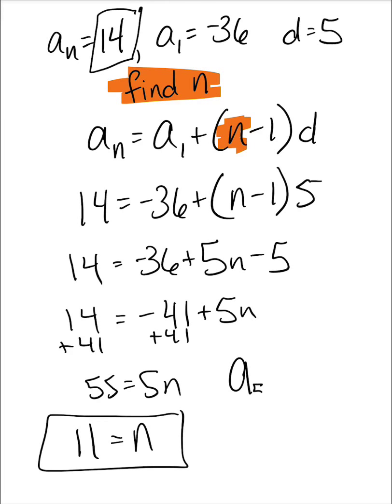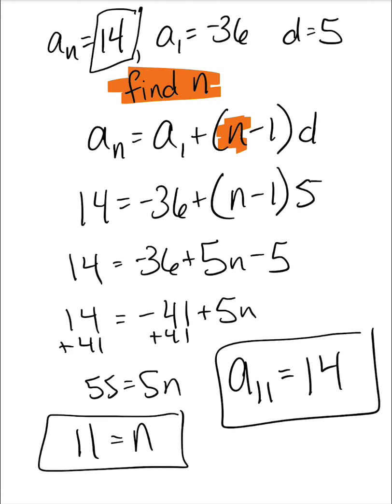I apologize, that's not right. My 11th term is going to be 14 in this case. Right, so I go from my a1 of negative 36, and if I keep adding 5 a total of 11 times, I'm going to get positive 14. Alrighty?